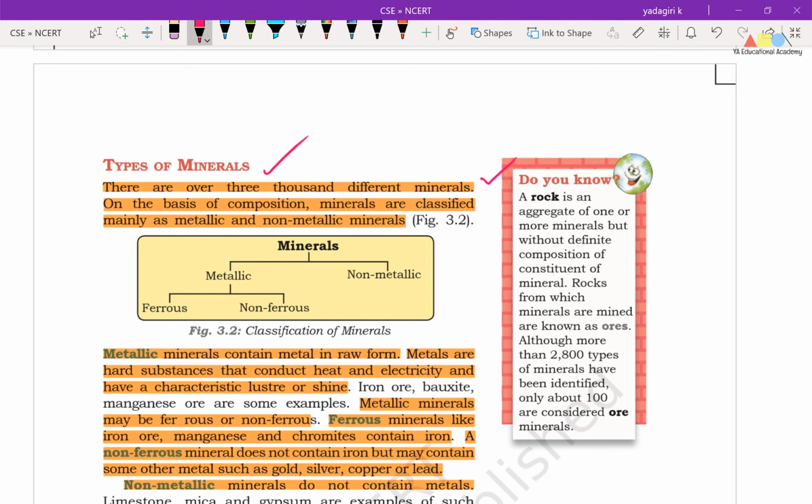Friends, here we can see minerals are classified as metallic and non-metallic, and further the metallic minerals are classified as ferrous minerals and non-ferrous minerals. Ferrous minerals have iron content, and non-ferrous minerals do not contain iron.